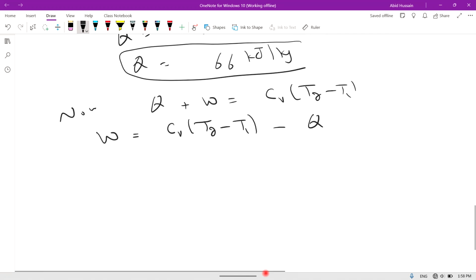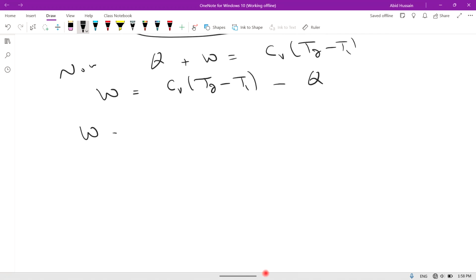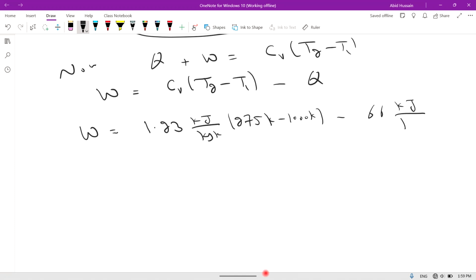Now putting values in the equation. W is equal to, the value of CV is 1.23 kilojoule per kilogram per Kelvin, and T2 is equal to 275 Kelvin minus T1 is equal to 1000 Kelvin, minus Q. The value of Q is 66 kilojoule per kilogram.